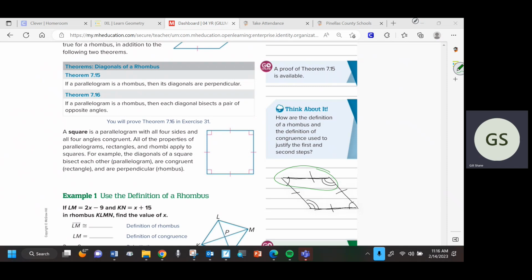So the two new ones that we're adding in for a square or a rhombus is that the diagonals, when you draw them in, are perpendicular. So if I draw in a diagonal there, same thing here. The angles where they cross are 90-degree angles.